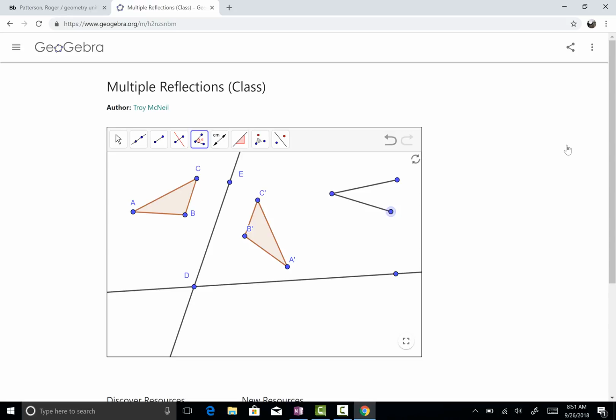Oops, measure it the wrong way. Measure the angle. Why is it not measuring correctly? There I go. Okay, so now I have an angle measured. All right. And let's see if we can do a rotation.